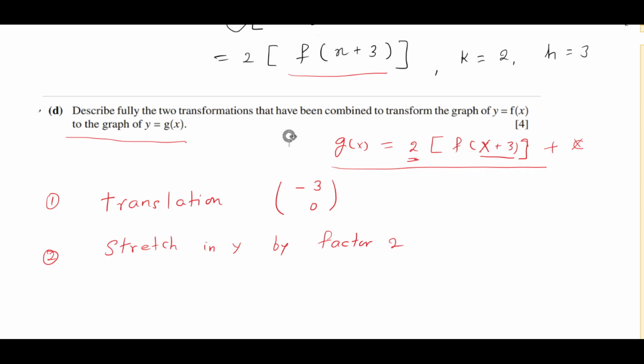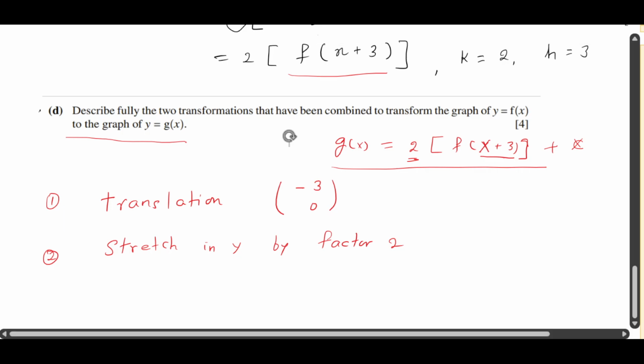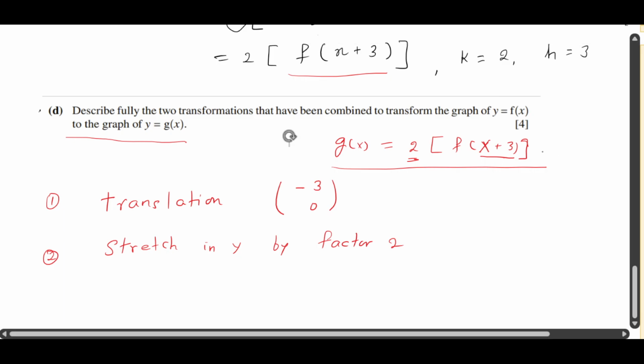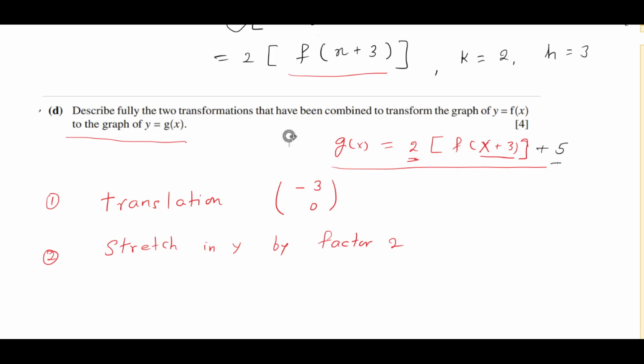Right? So, if it was a translation in the y direction, how would they have written it? Suppose, I'm just giving an example, here it is plus, say, 5.